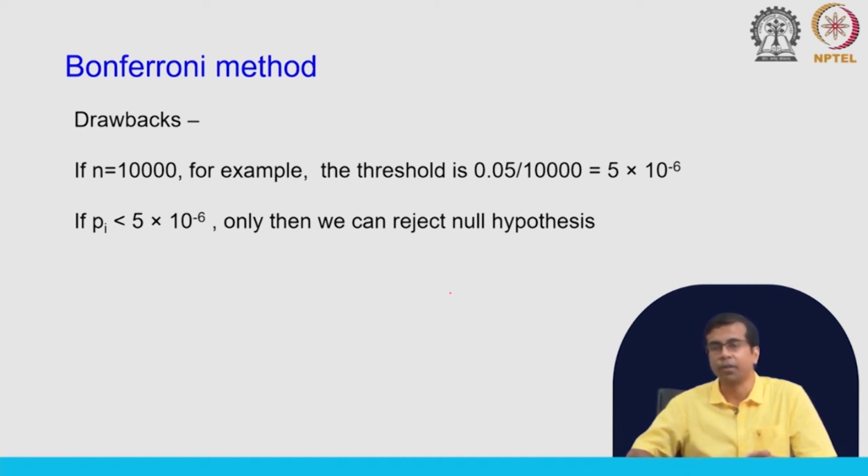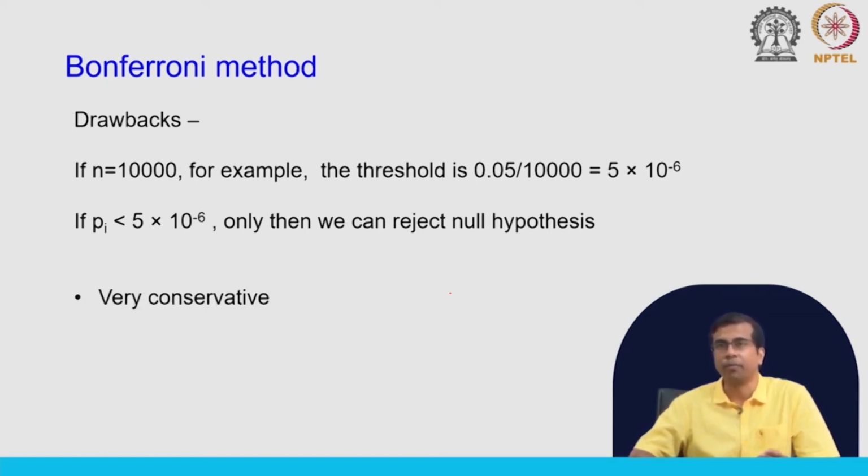In the last class we talked about the number of replicates in the experiments, and we said it is about 3 to 5 replicates for each sample. If we have 3 replicates, it is very unlikely that you will get such p values, 5 into 10 to the minus 6, which means you will probably not detect differentially expressed genes with such a low number of replicates with this Bonferroni correction.